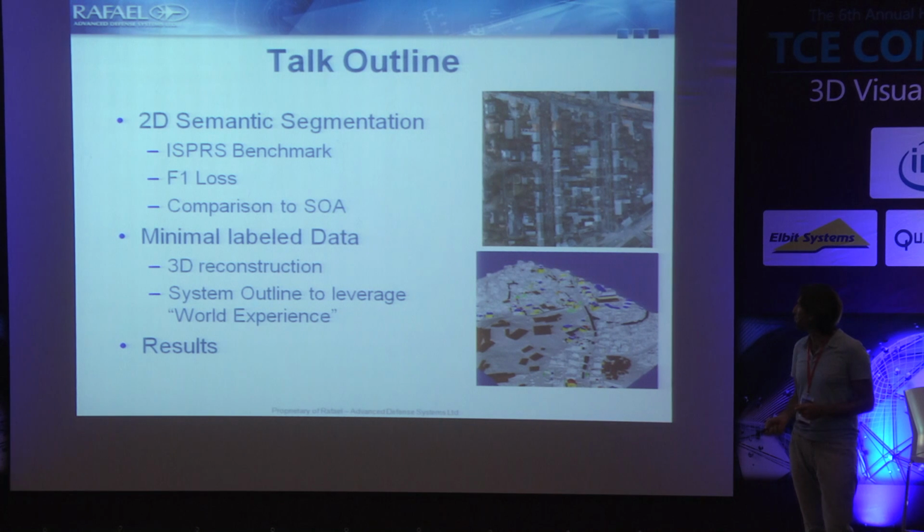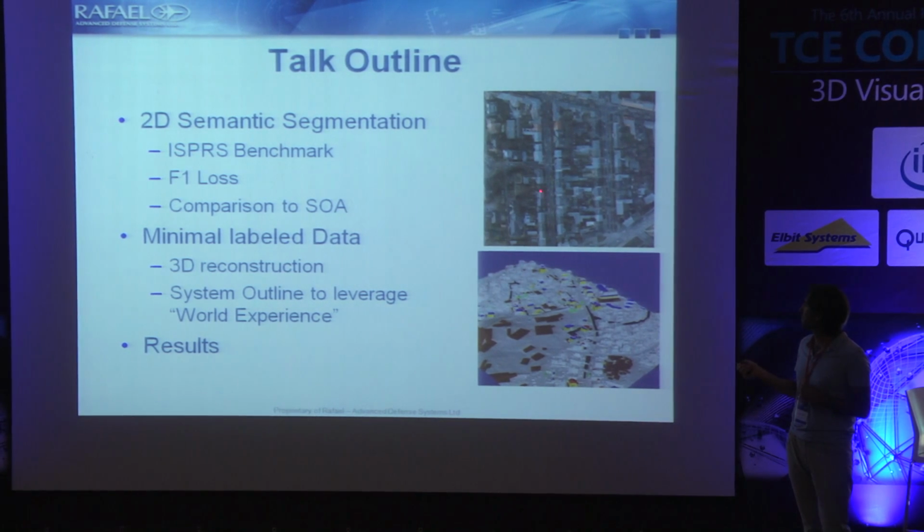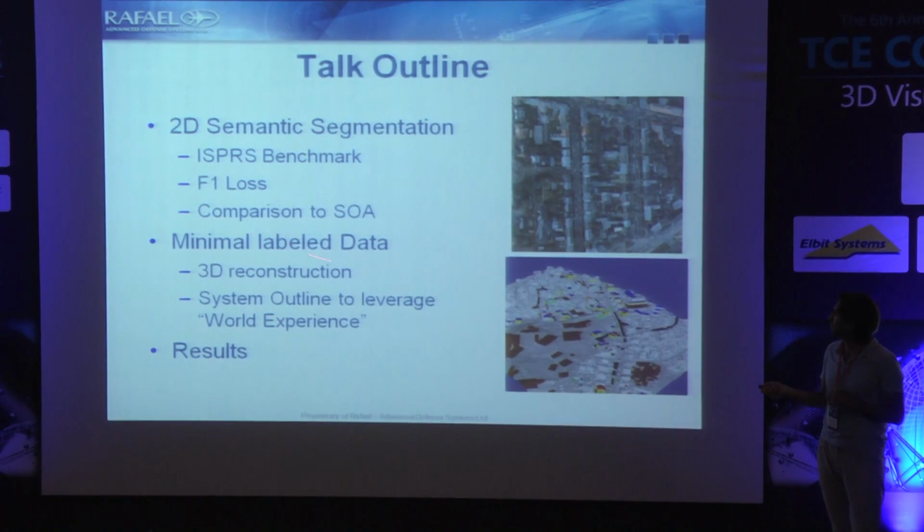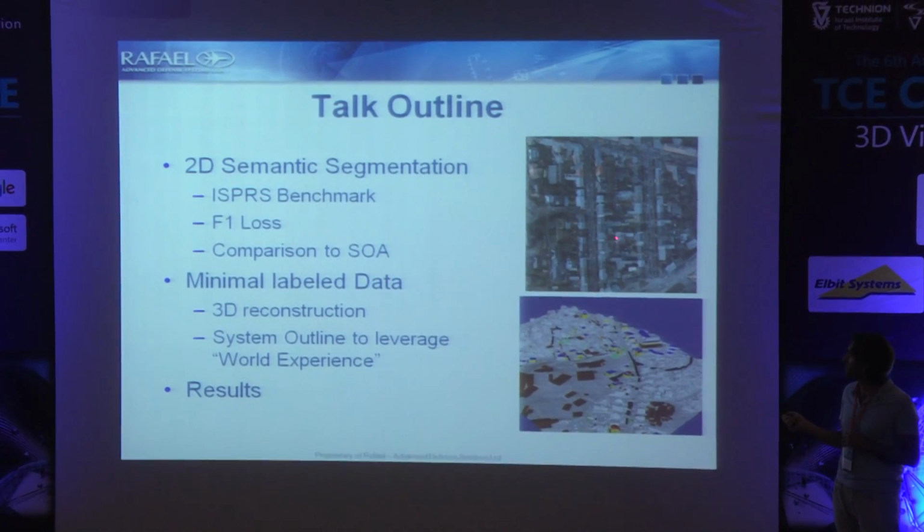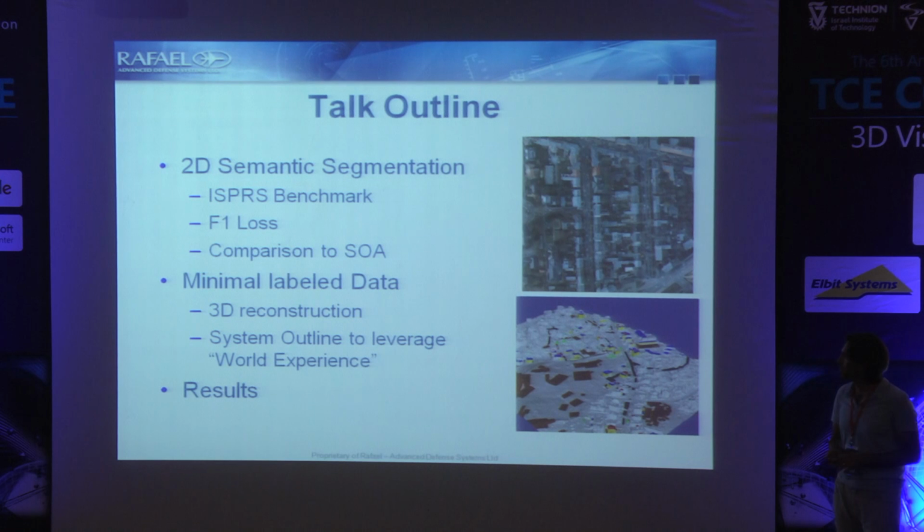And I've been told that the structure of the talk is a bit confusing, so I'll give you all the spoilers in advance. The task at hand is we have an image and we want to give a label to each pixel. In the beginning, I'm going to talk about how we do that. In a typical case, we use the ISPRS benchmark as a test case. We tweak the loss a bit, so we're going to talk about the F1 loss, and compare it to the state of the art.